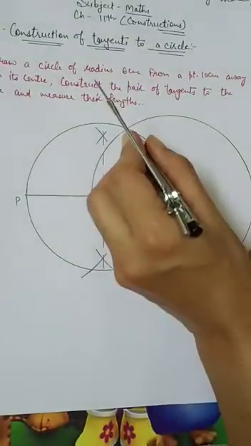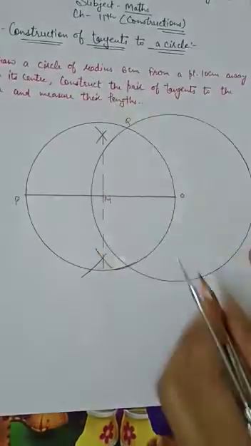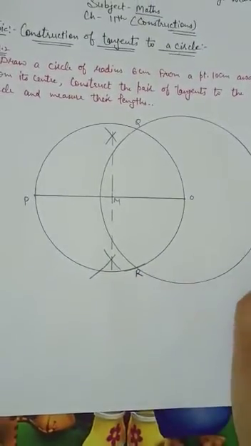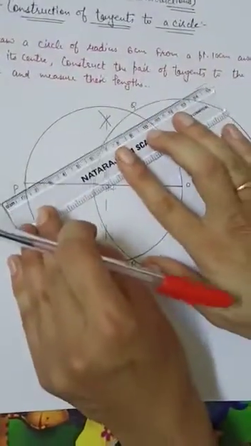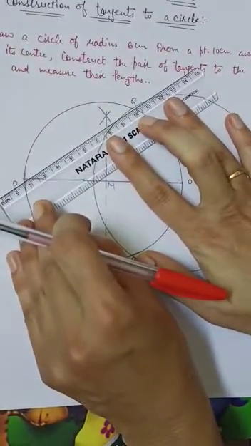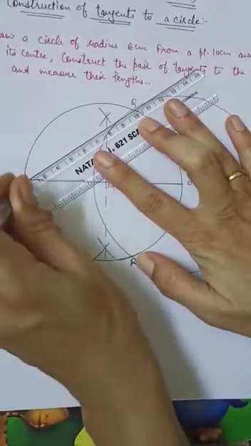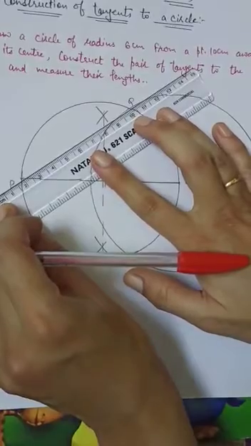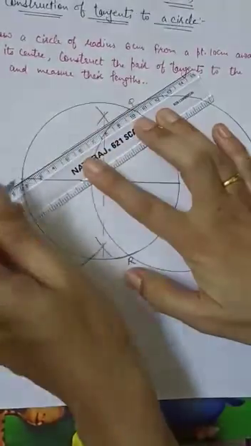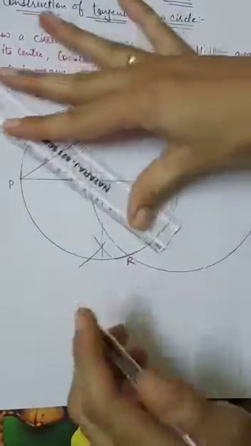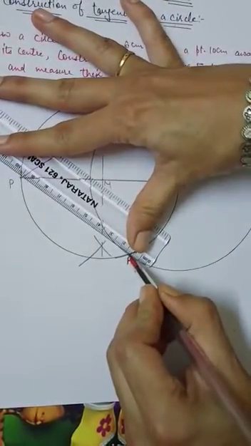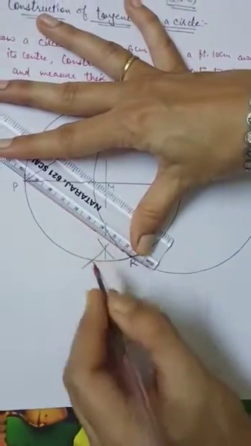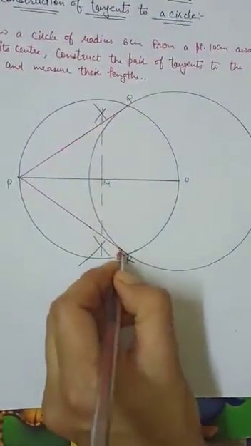Let the first point be Q and the other point be R. Through these two points we will draw the two tangents from the point P. With the ruler, PQ is a tangent, and PR is also a tangent from the exterior point. So this is the method of drawing the tangent of a circle.